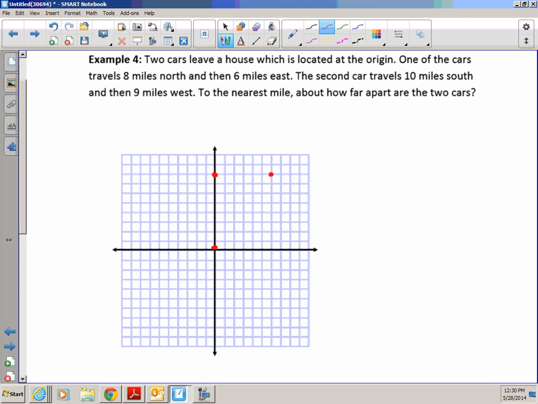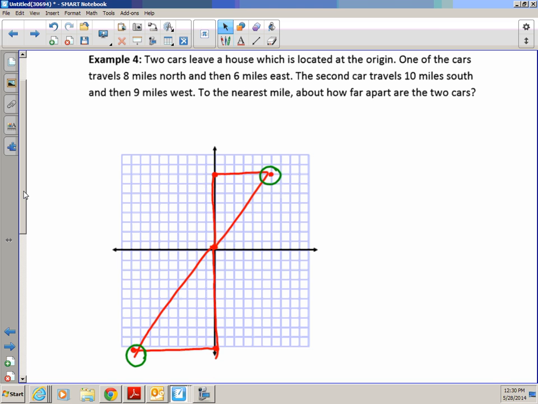So that's what this car did. The second car travels 10 south and 9 west. So that's what this car did. So one car is here, the other car is here. And we want to find that distance. Okay?